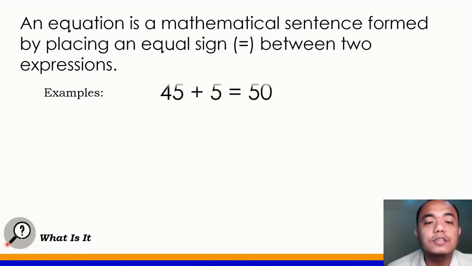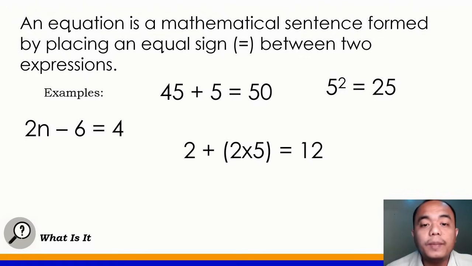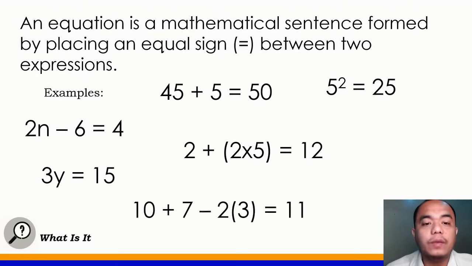So examples of equations are 45 plus 5 equals 50. So take note, 50 is an expression, 45 plus 5 is an expression, and since these are equal, then this is an example of an equation. 5 squared also equals 25, so that's an equation. 2n minus 6 equals 4 is an example of an equation. 2 plus 2 times 5 equals 12. 3y equals 15 is an equation.